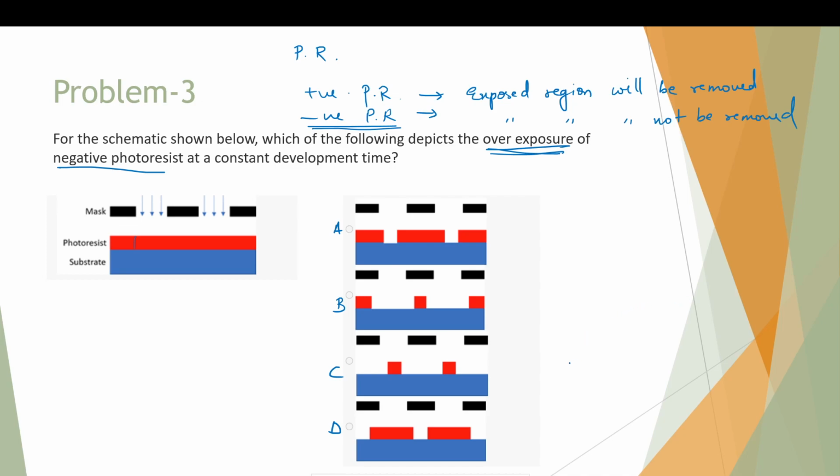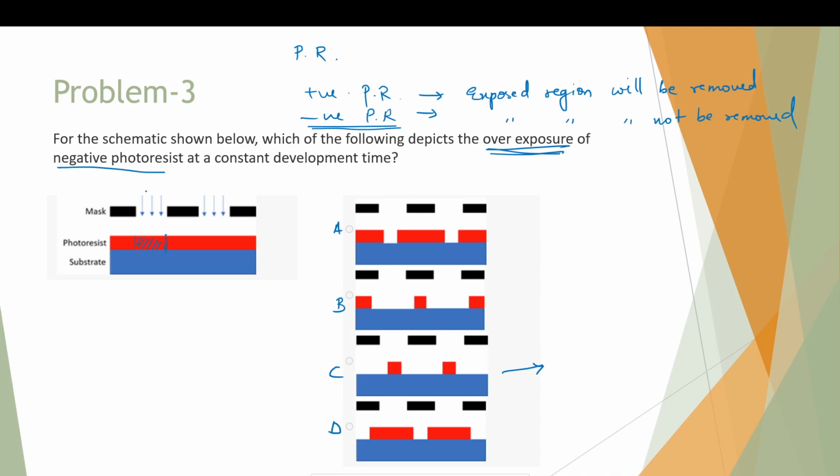Third option. Okay. Yes, it is clearly a negative resist because the material is preserved only in the region where the exposure is. But why do you say it is overexposure? Because the width of the photoresist is less. The chemistry is such that whatever part is exposed will stay there.